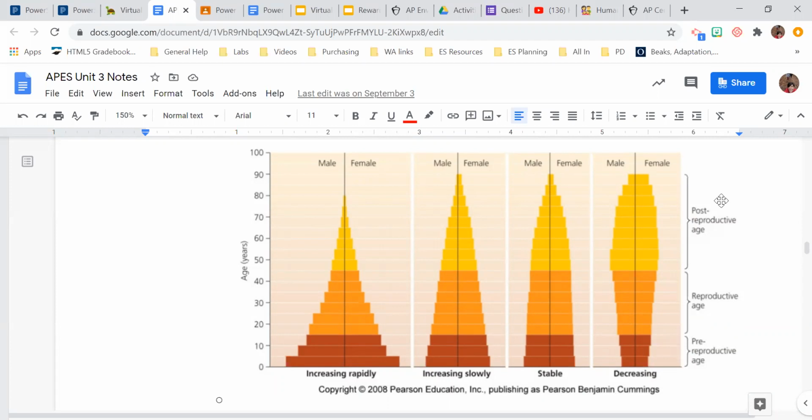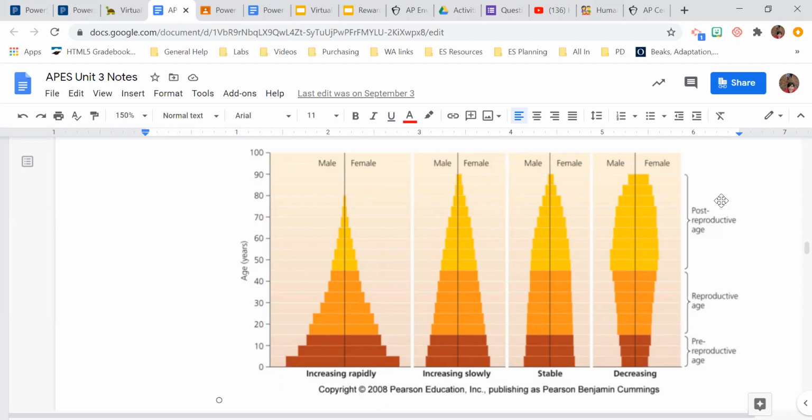And then post-reproductive age, we usually start at about 45. Most women will be able to continue to have kids for maybe a couple of years after 45, but it's much less common. So we're going to cut it off at that 44. So the 45 age bracket is usually where we start post-reproductive age.